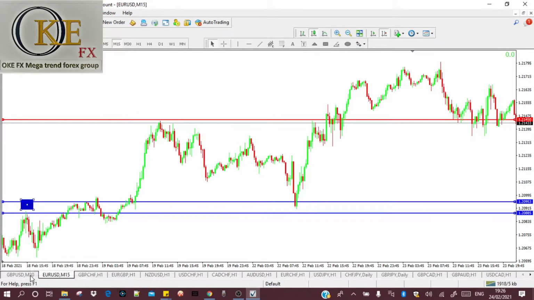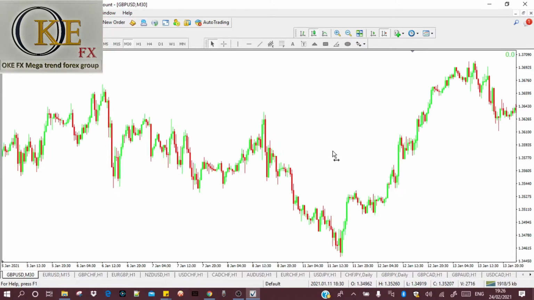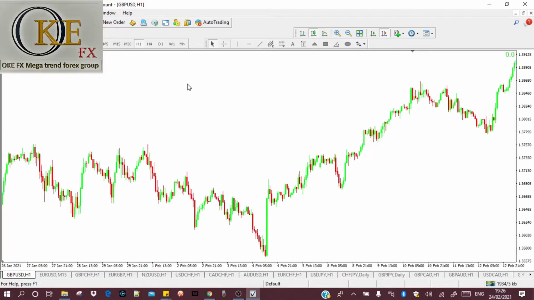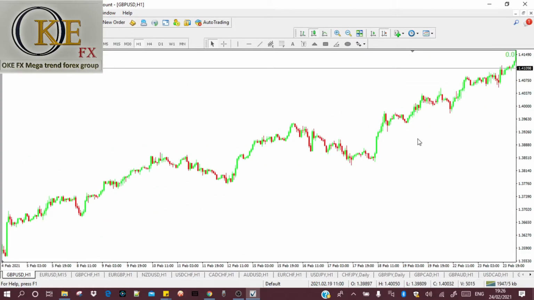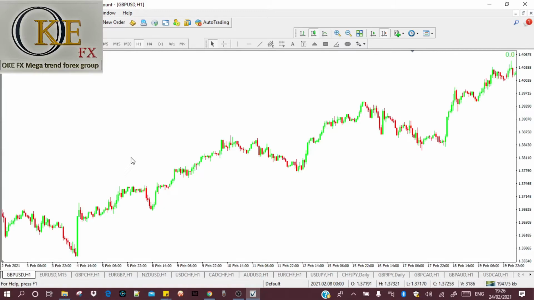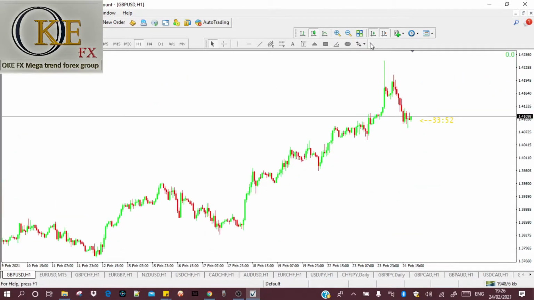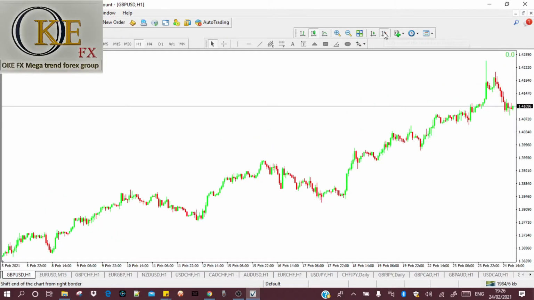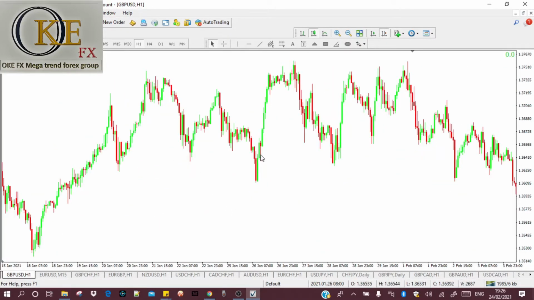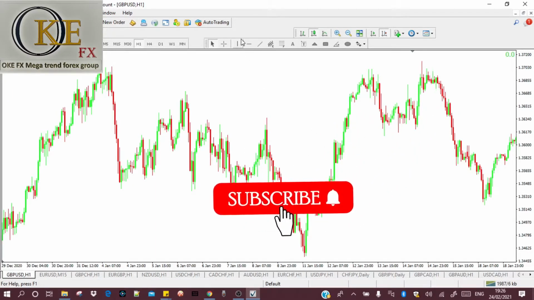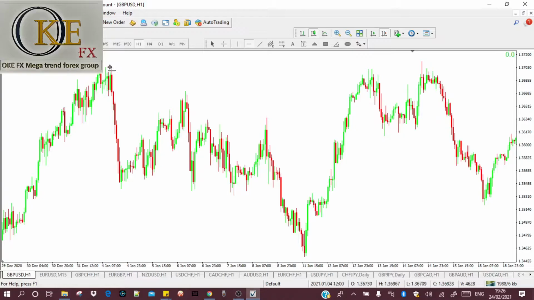Now the same thing applies even if we go down to another chart in another time frame. You can see that, let me see if I can get anywhere around. Okay, so this is it. There are just a bunch of them here, but okay, now can you see this point?